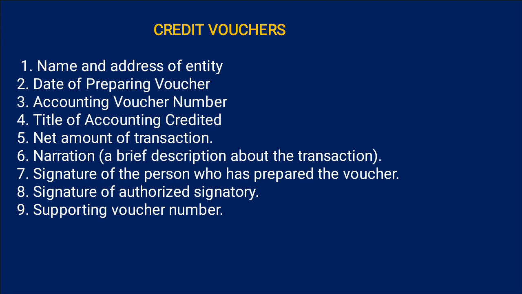So what are the contents of a credit voucher? As we have seen: name and address of the entity, it means the business organization on whose behalf we make this.